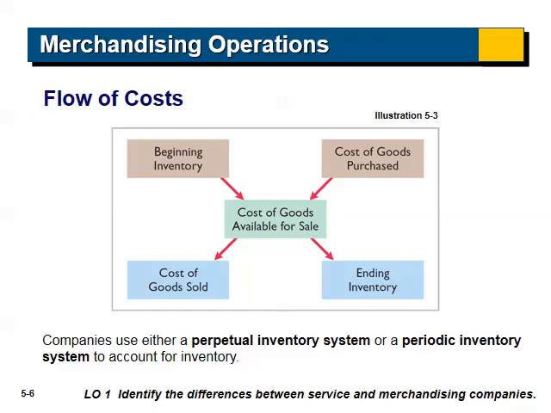The flow of cost for a merchandising concern is that they have inventory at the beginning of the year. That's the goods and items they hold for sale. If you're looking at a company like Walmart, they would have all of the clothes and food and everything else at the beginning of the period. Then they would buy more during the period, and that's what they'd have available for sale.